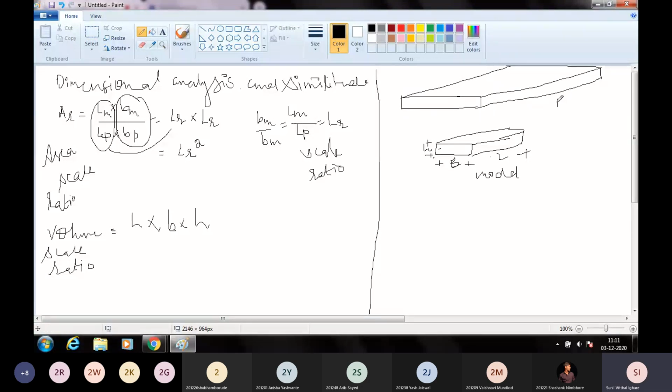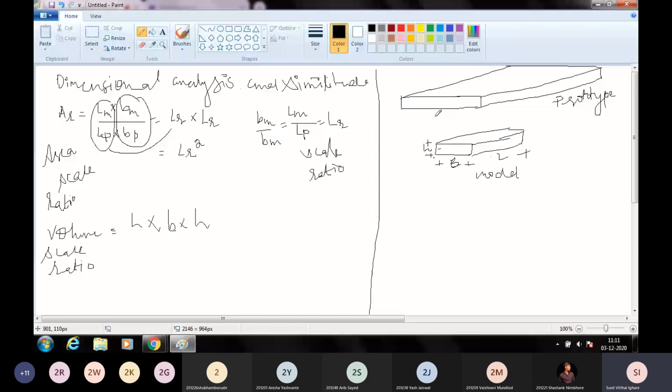Now the prototype is an actual structure. If you imagine a dam structure, and I make a model of the dam on a smaller scale, the prototype is the actual dam. So you can analyze the example by this.